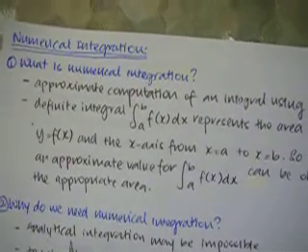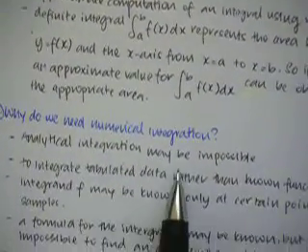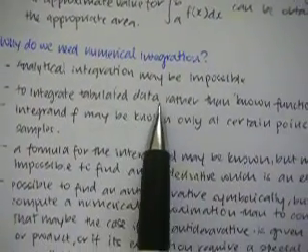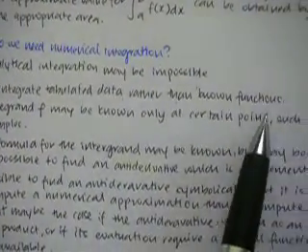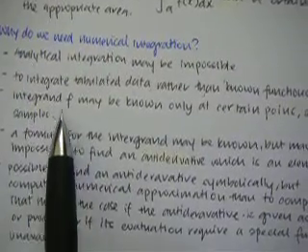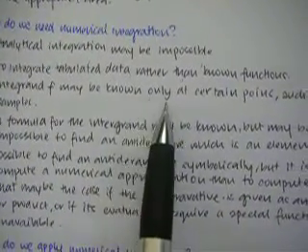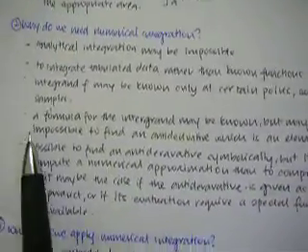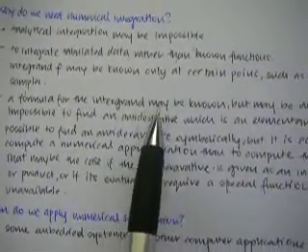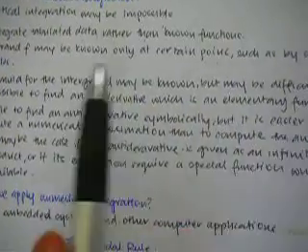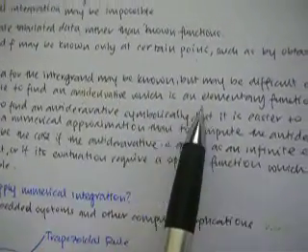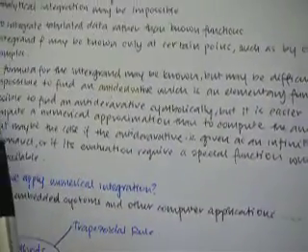The need for numerical integration arises because it may be impossible to integrate analytically tabulated data rather than known functions, and the integrand f may be known only at certain points, such as by obtaining samples. A formula for the integrand may be known, but it may be difficult or impossible to find an antiderivative which is an elementary function.